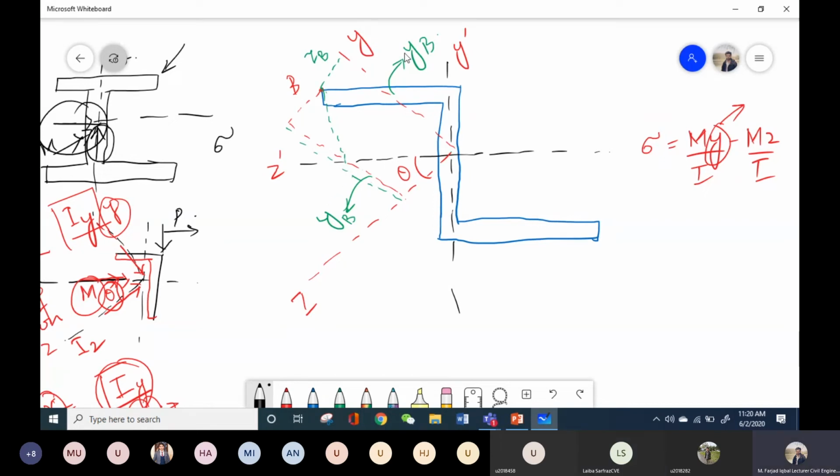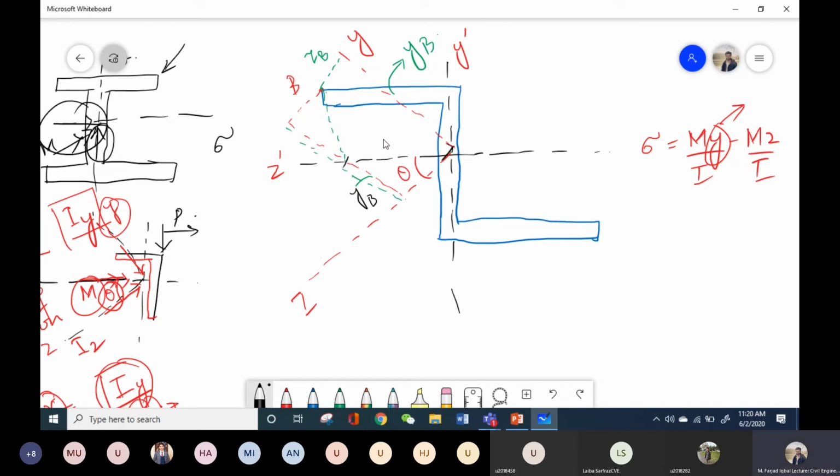So can I say that this distance YB is equivalent to this distance YB over here, which I have shown by this red line? This distance is equivalent to this distance which I have shown over here. So what will be this distance?